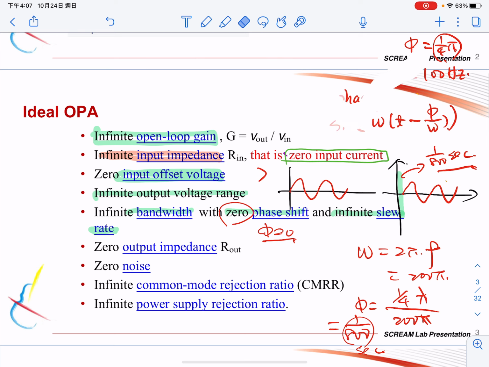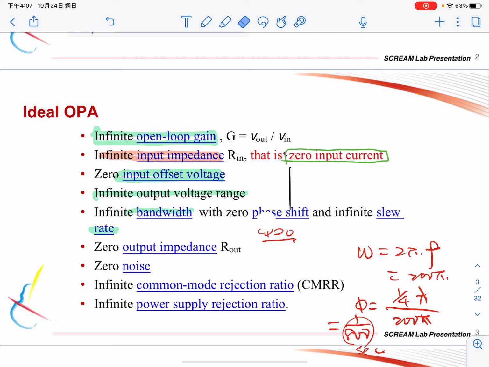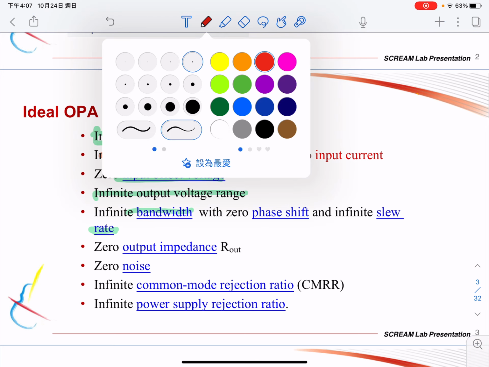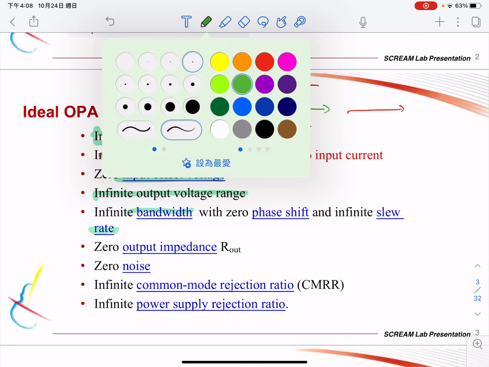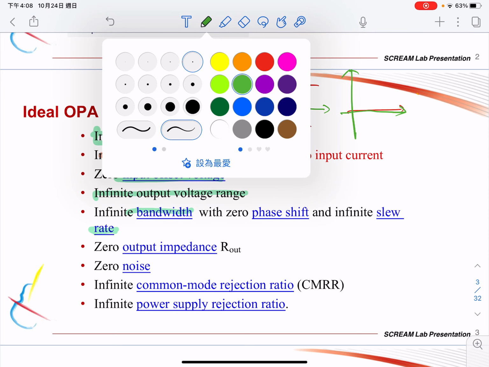And what is the infinite slew rate? Infinite slew rate means that if I have a signal that goes from 0 to 1 at time t equal to 1, the slew rate describes how fast the amplifier can follow the signal.